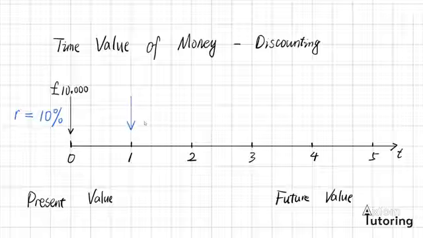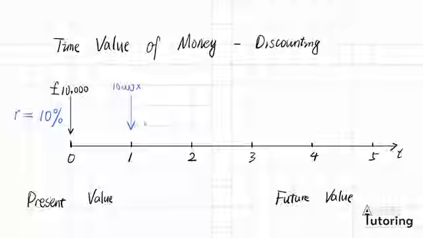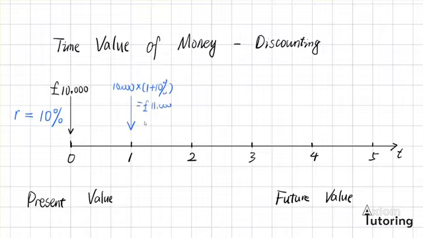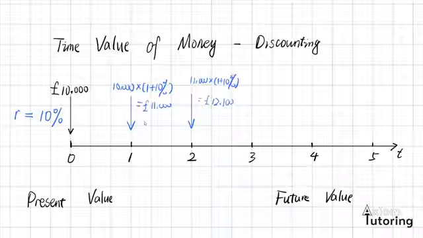I have 10,000 times 1 plus 10%, which gives me £11,000. What if I save it for another year, to year 2? Then I have 11,000 times 1 plus 10%, which gives me £12,100. So we're earning interest on the previous interest that we have earned. That's compound interest.